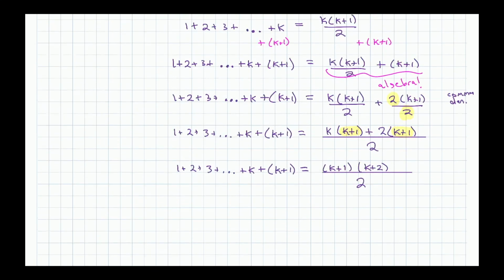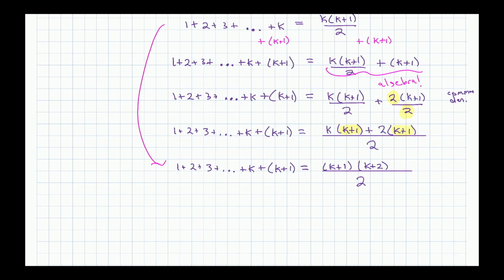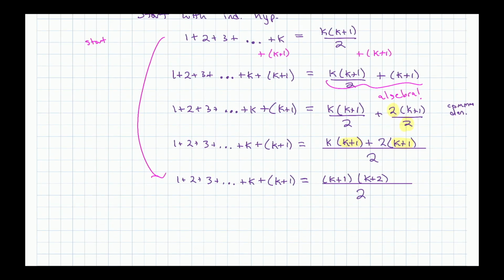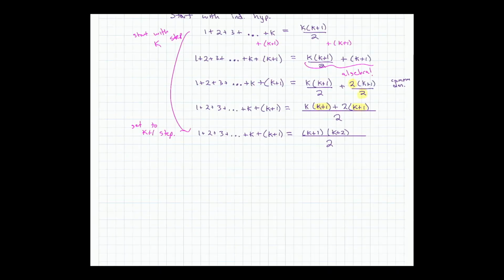So start with the k step, get to the k plus 1 step. That's it. That's the entire induction step. So at that point, we are done with the induction step.